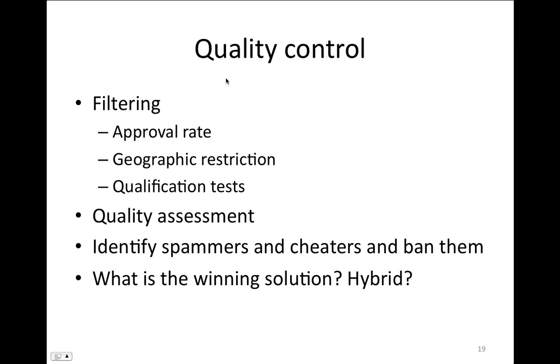Eventually, the best or winning solution for your experiments on Mechanical Turk or crowdsourcing is to use a hybrid solution. You have to use any means or tool that is available to you to improve the quality of your work and get the best result.